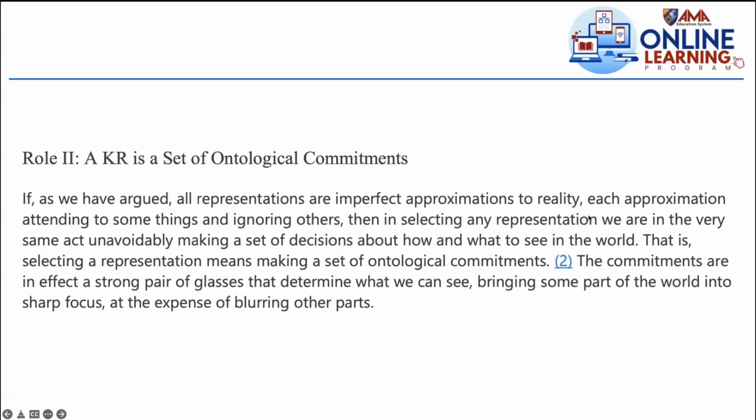Okay? It will influence, because it may see the world in terms of rules, or in terms of semantics, or logic. So it will affect the decision. Okay, so selecting a representation means making a set of ontological commitments, as I mentioned.